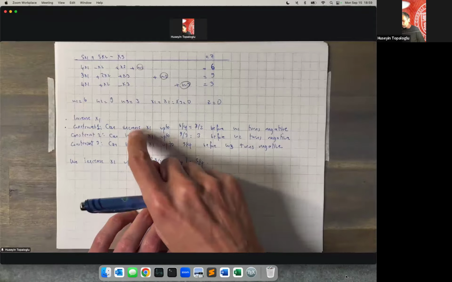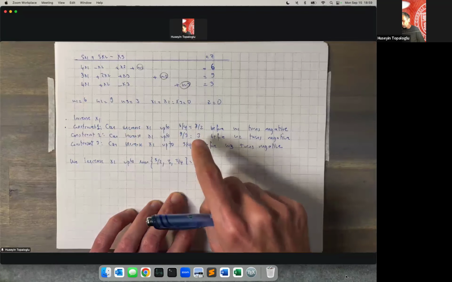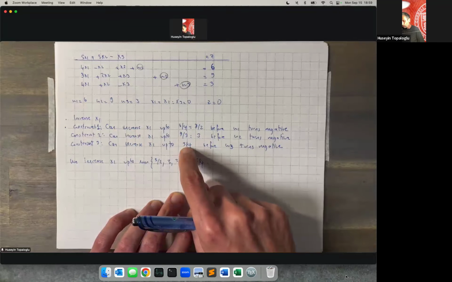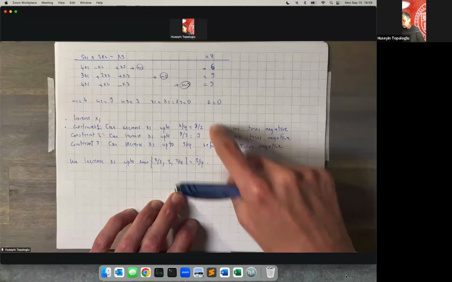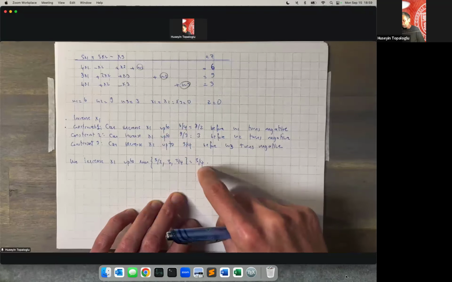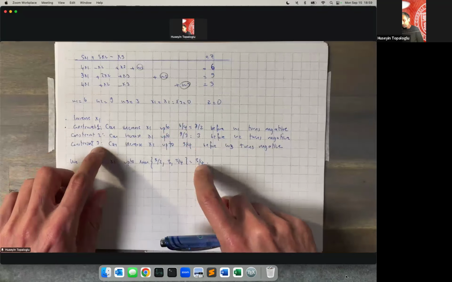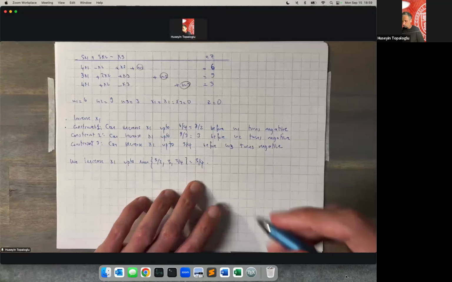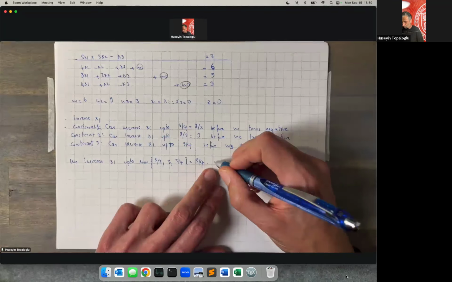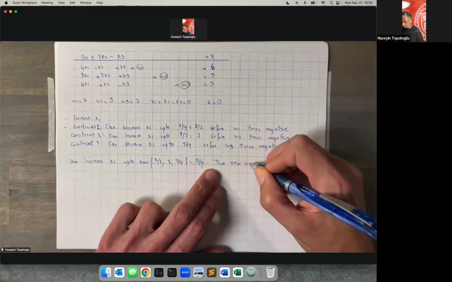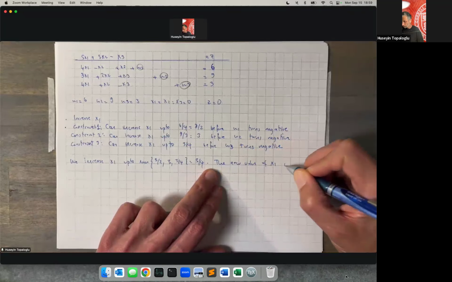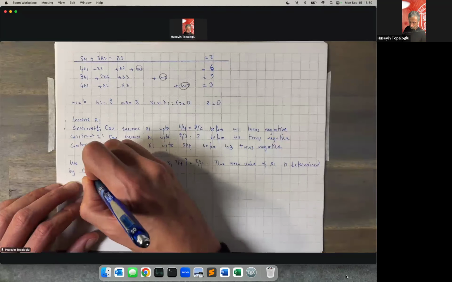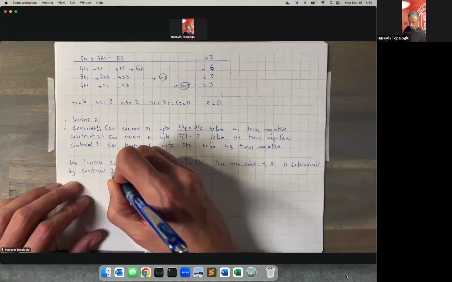From the first constraint, we can increase x1 all the way to 3 over 2 before we get in trouble. Second constraint, we can increase x1 all the way to 3. Third constraint, we can increase x1 all the way to 3 over 4. So the largest we can increase x1 before we get in trouble is 3 over 4. If we increase x1 to 3 over 4, the new value of x1 is determined by constraint 3.